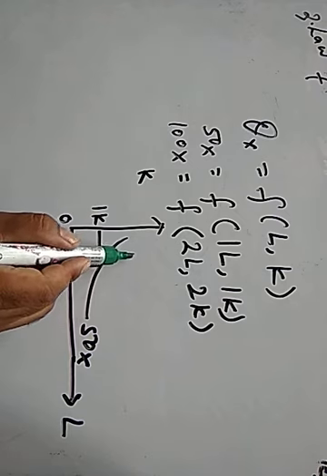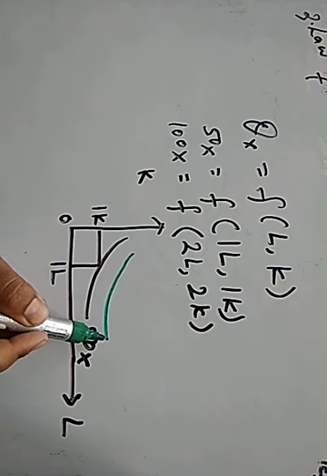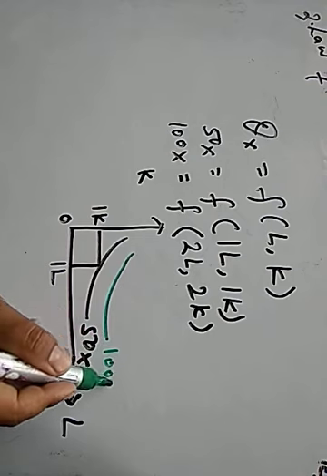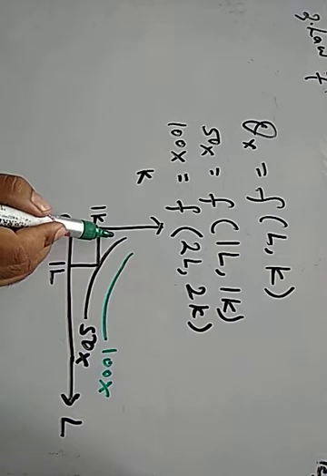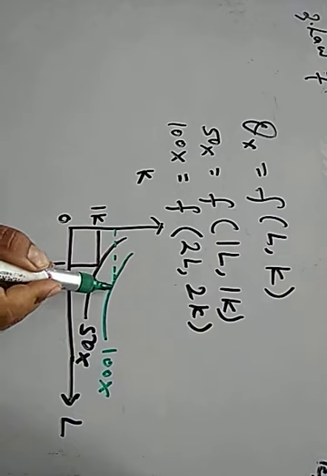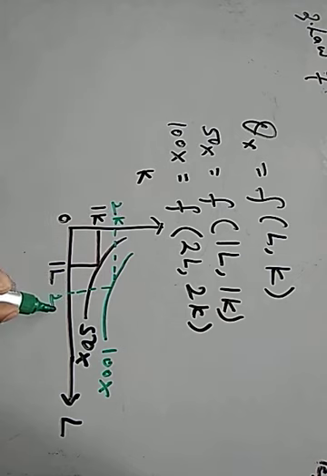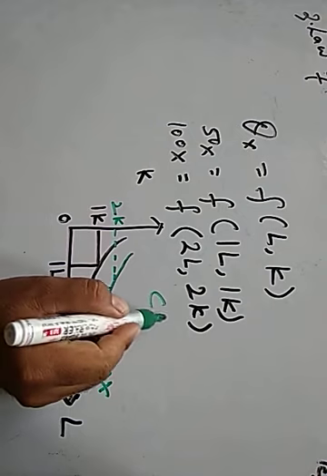And 100 units of X, the higher level of output, will be shown by a higher isoquant. 100 units of X produced with the help of 2 units of capital and 2 units of labor. We have doubled the inputs, such as labor and capital. The output has also doubled. The same change in input as well as the same change in output. This is known as constant returns to scale, CRS.